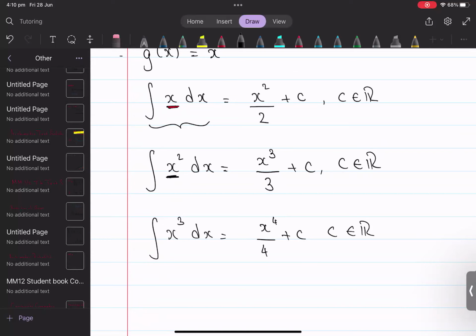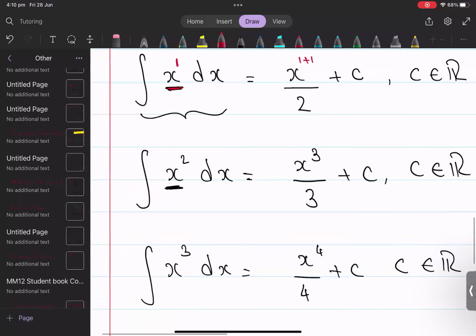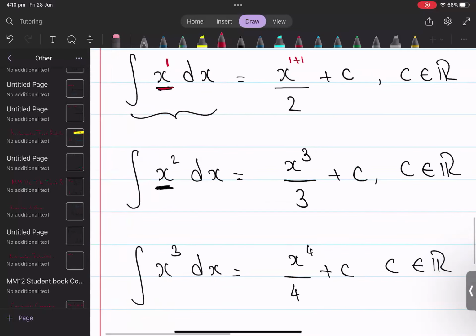So every time I do my antiderivative, this is x to the power of 1. This is x to the power of 2, x to the power of 3. So the antiderivative of x to the power of 1 with respect to x was x squared on 2 plus c. So I've added 1 to the power here. So this you can write as 1 plus 1. 1 plus 1 is 2. Surprise. 1 plus 1 on 2.